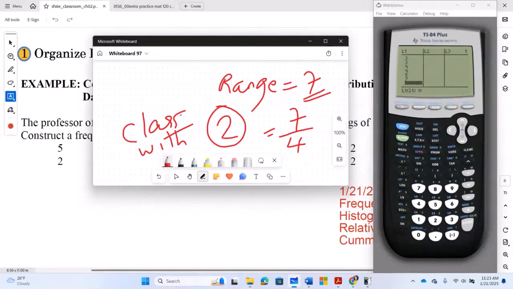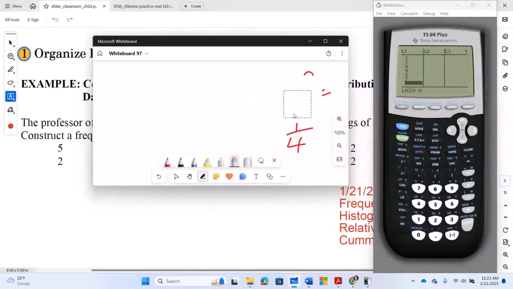Right now I have the class width and the number of classes, so I can start to form my frequency distribution table. I will have 4 classes already.